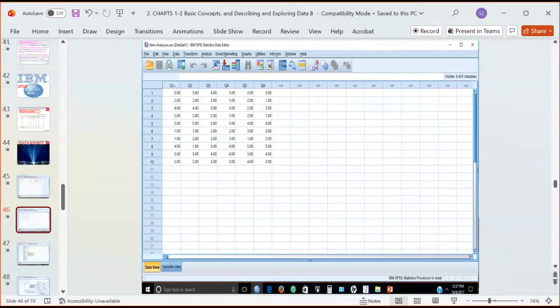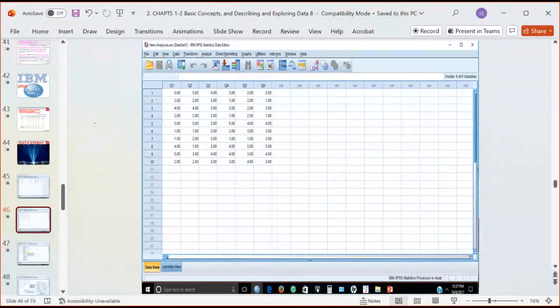Q1 is their scores on question 1. The first person did 5 out of 5, and the sixth person did 1 out of 5. This is how you read this. But again, we wanted to calculate the variance. If you want to take one of these questions out, which one would it be? The one with the lowest variance.